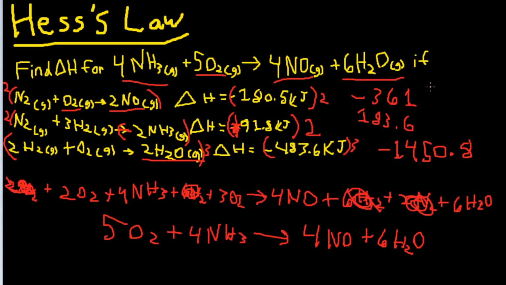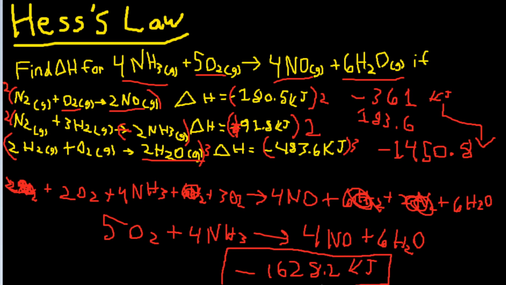Then this is all in kilojoules, all of these. So the final answer will be a combination of these in kilojoules, and that, let me do some quick calculator work, will be negative 1,628.2 kilojoules for the change of heat for this reaction. So in the end, it balanced out perfectly and gave us a good number.